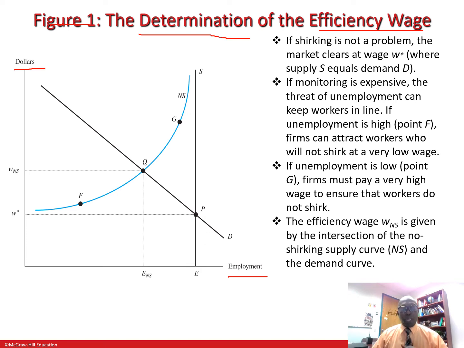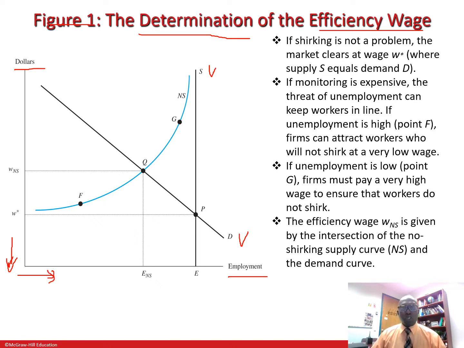The supply curve is represented by S, which is vertical, a perfectly inelastic supply curve, and the demand curve is downward sloping, meaning that at lower wages, businesses want to hire more workers to increase profit.